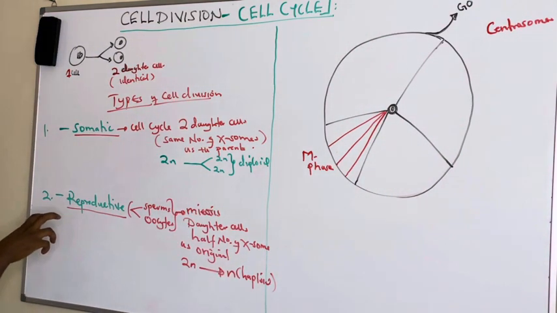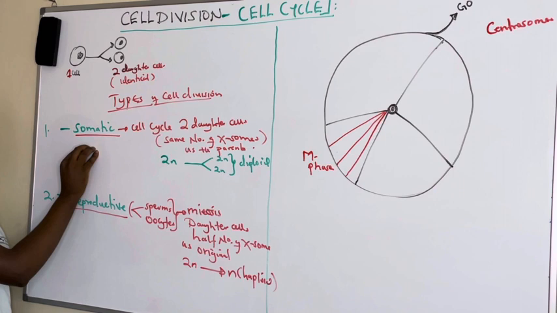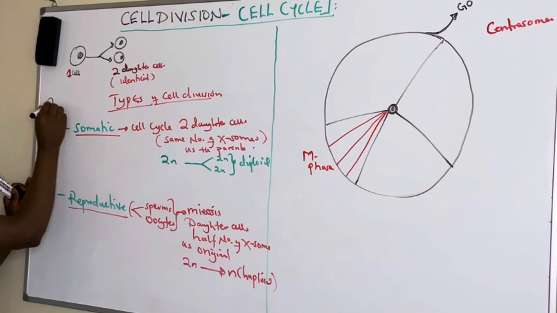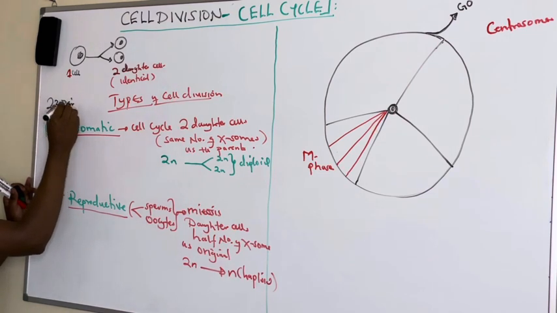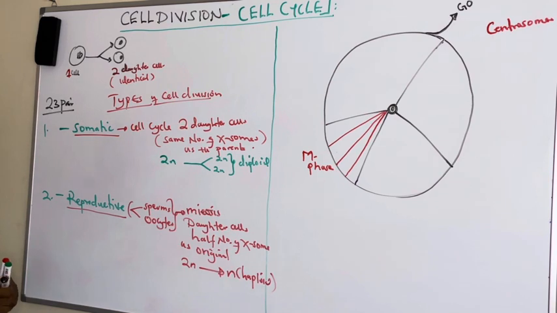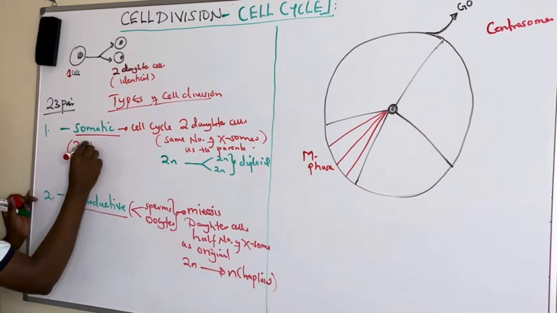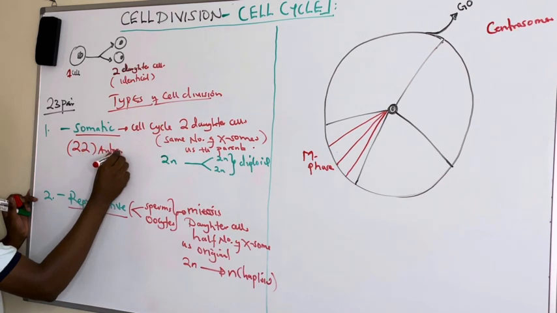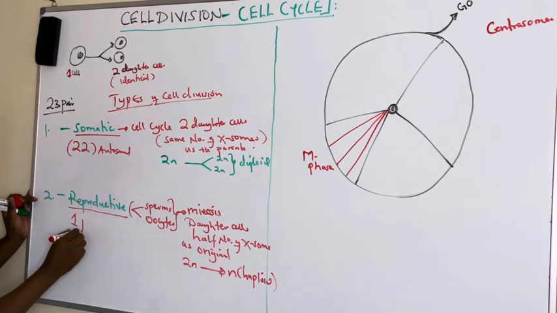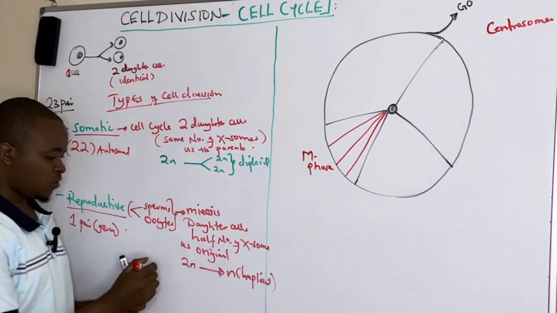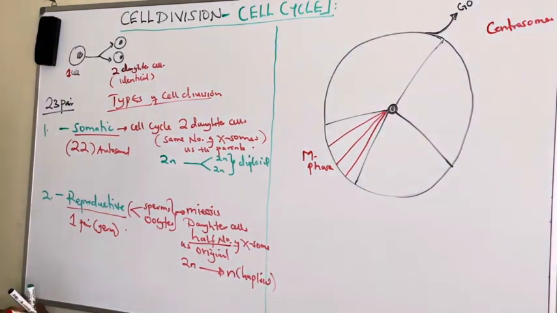So as we continue with the types of cell division, we know that the body of a human being contains 23 pairs of chromosomes. Out of the 23 pairs, 22 are autosomal, whereas the one pair is the one of the germ cells, which undergoes meiosis to produce daughter cells with half the number of chromosomes as the original cell.